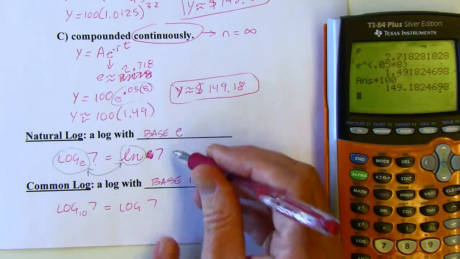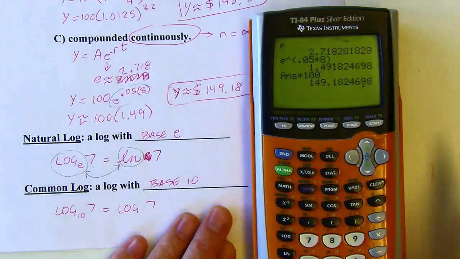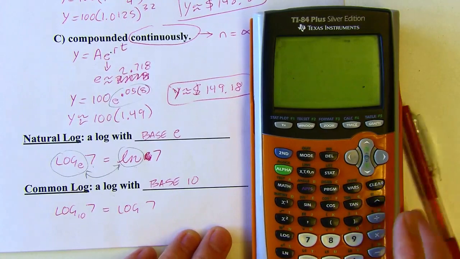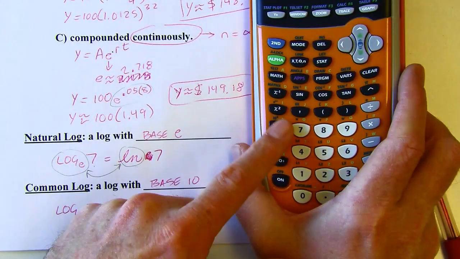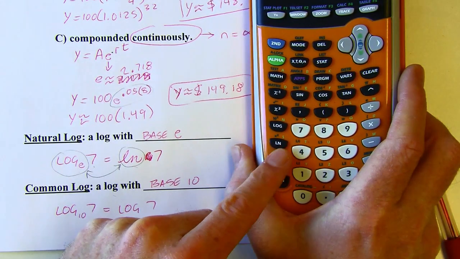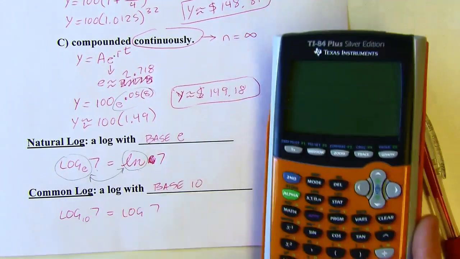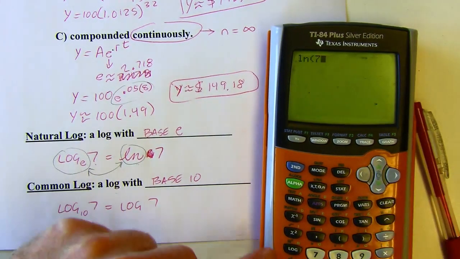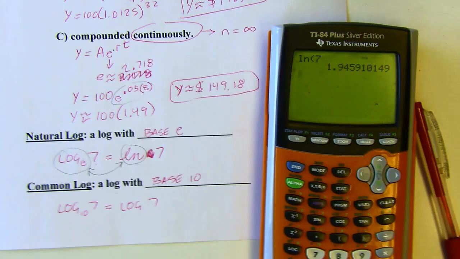And this is something that I can put into a calculator, okay? And this is important that you know how to do this as well. So the log button is right there, right? And right beneath it, next to the 4, is the ln button. That's what I want. So if I want the natural log of 7, I just hit ln 7. There's a special button for it because it comes up so often in mathematics.